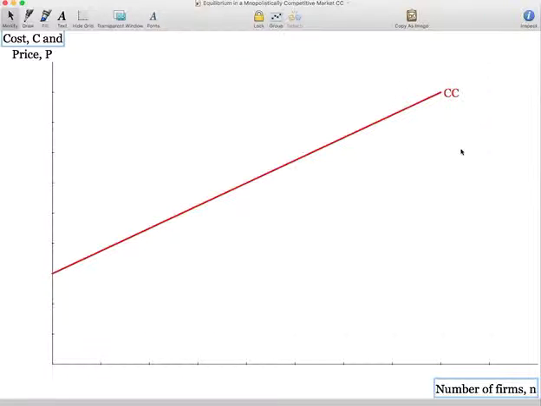Five firms, 20,000 each, and 10 firms, 10,000 each. So you can see that when you split that market up among more and more firms, the individual outputs of firms are getting smaller, so the average costs are going to be increasing. Make sure you remember that the CC curve just represents the relationship between cost and the number of firms, and that is a positive relationship.